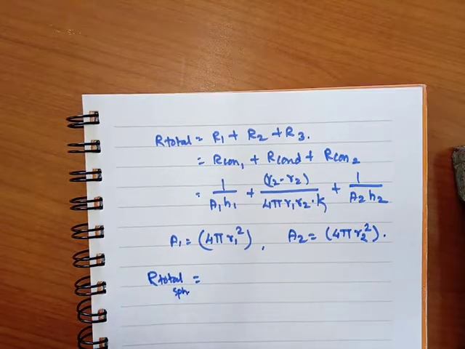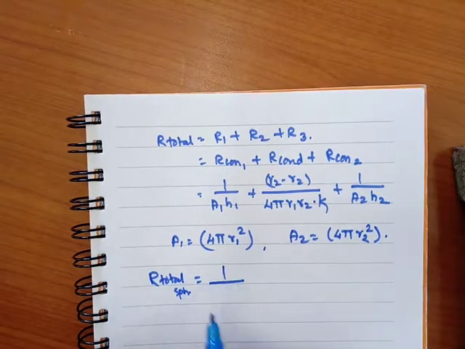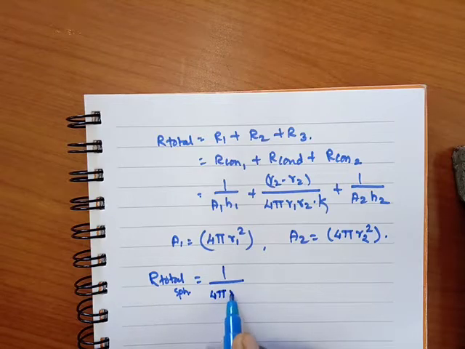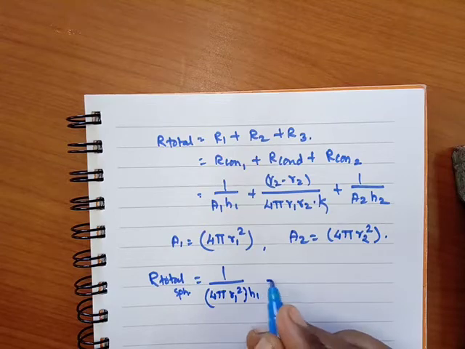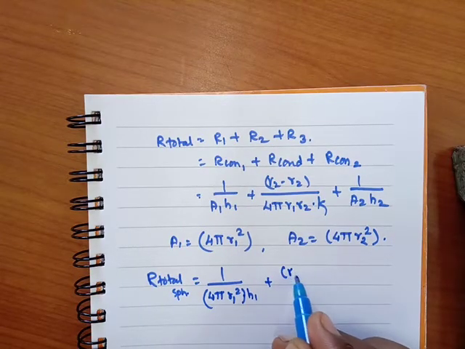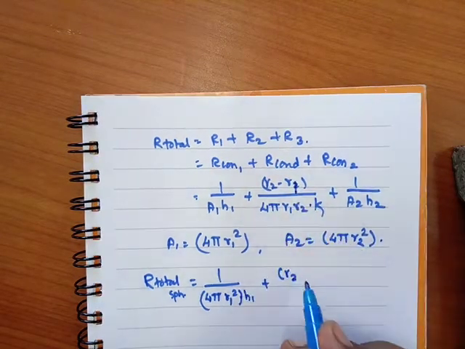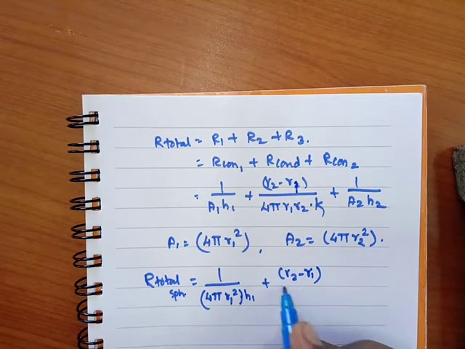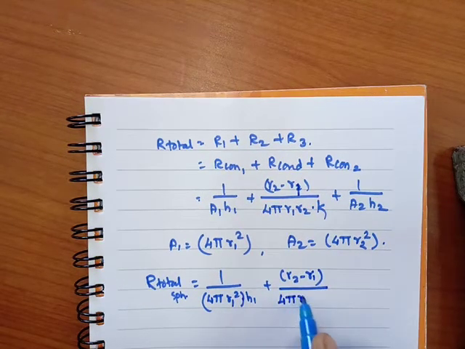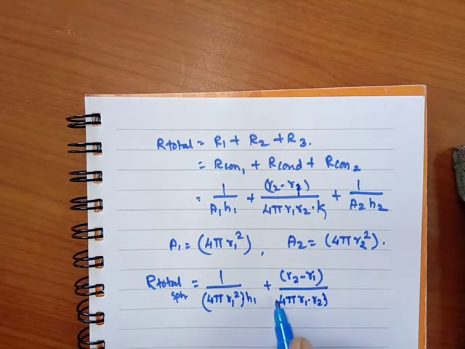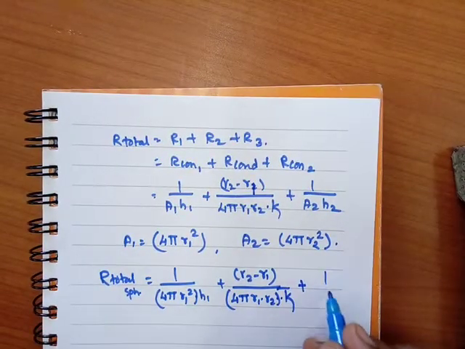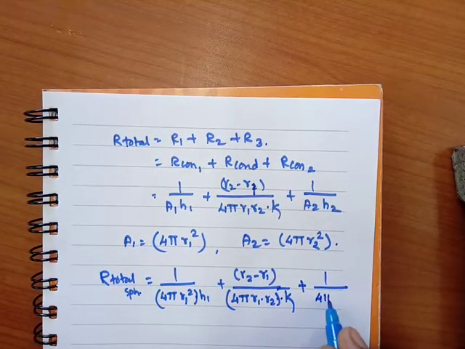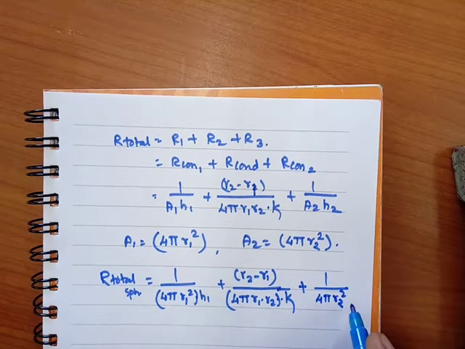So here we write down for the sphere R total as 1 upon 4 pi R1 square into H1, plus R2 minus R1 divided by 4 pi R1 R2 into K, plus 1 upon 4 pi R2 square into H2.